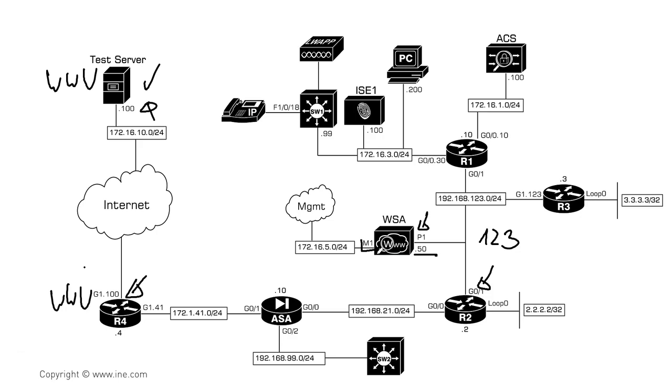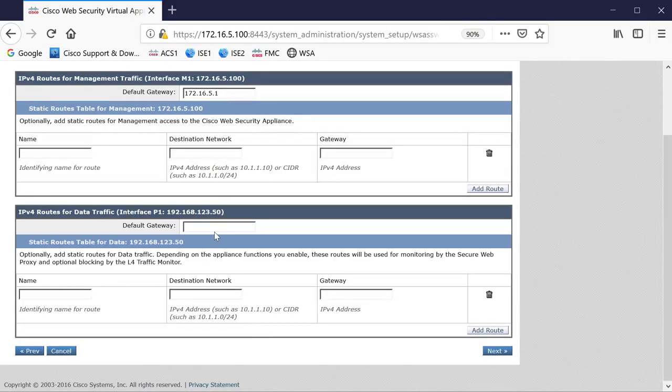And then I'm going to tell it that to get to this subnet, 172.16.3, we will have to go via router 1. So let's do this. This is the default gateway, 192.168.123.2. And then I will say add a route.